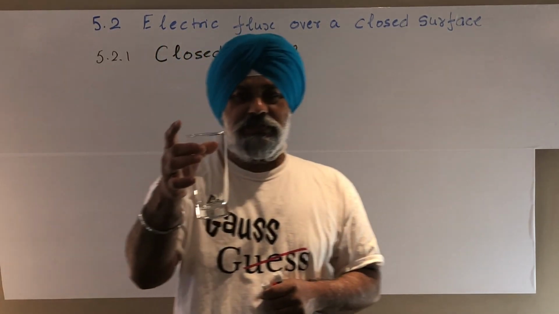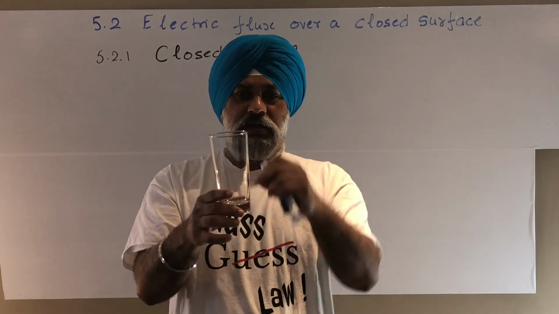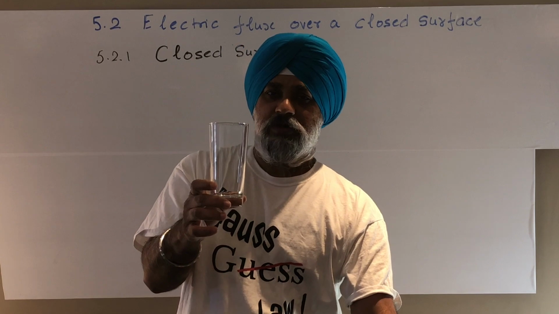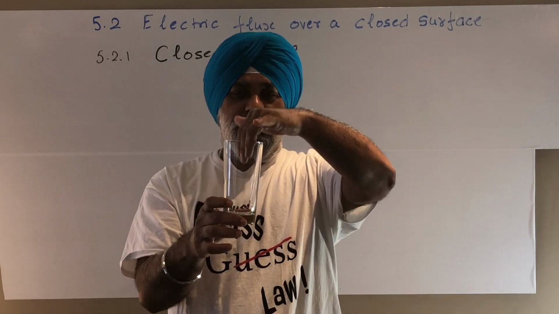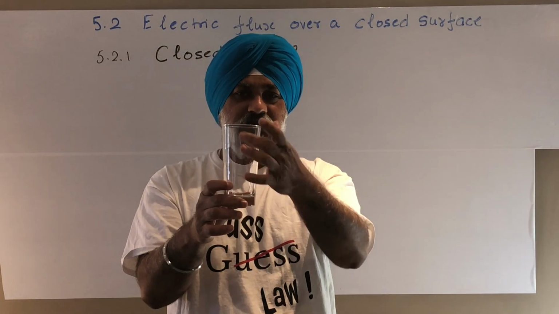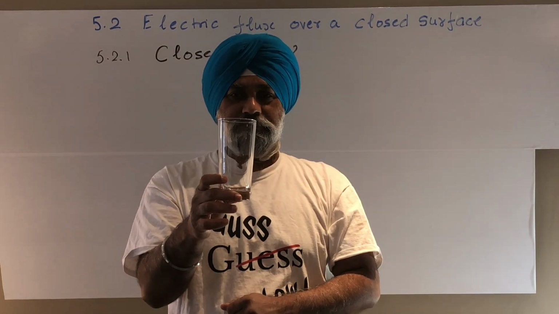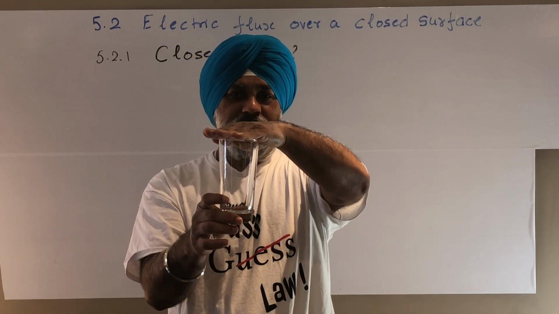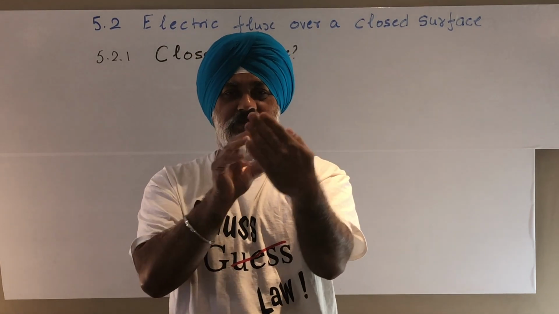This glass encompasses a volume, but this is not a closed surface because if I look at it, I can go inside easily. So this glass on its own is not a closed surface. However, if I put a cap on the glass, that now becomes a closed surface.